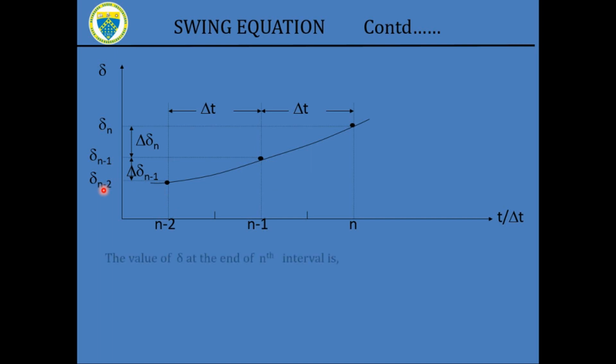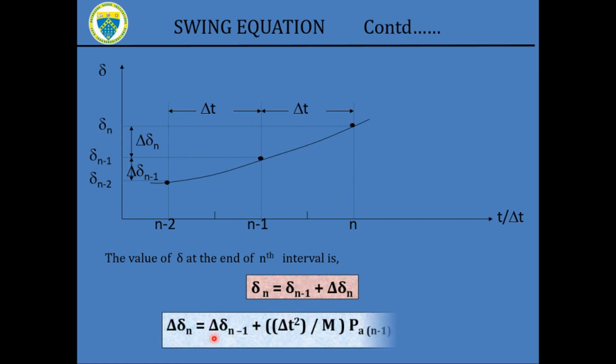Now the delta at the end of the nth interval, delta n, is given by delta n minus 1 plus delta delta n. Delta delta n is calculated as delta delta n minus 1 plus delta t square divided by M into the accelerating power for the previous interval.